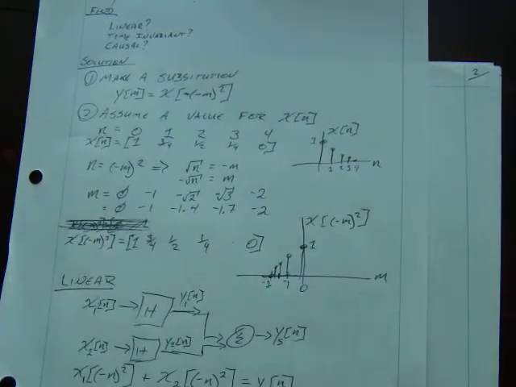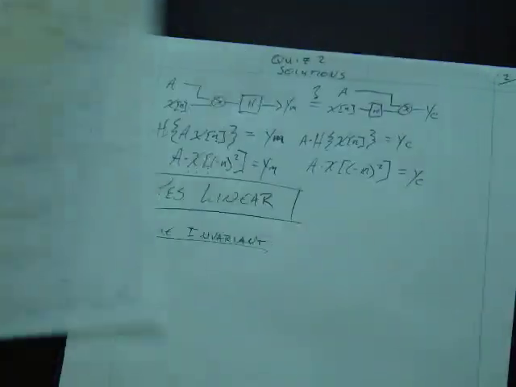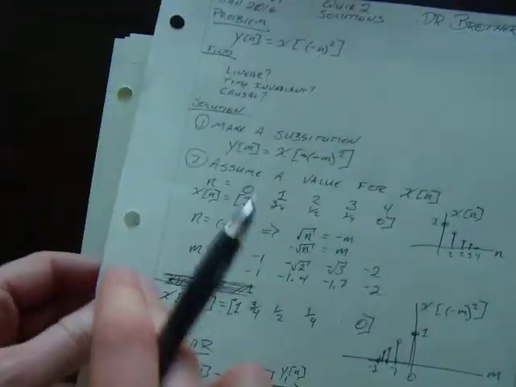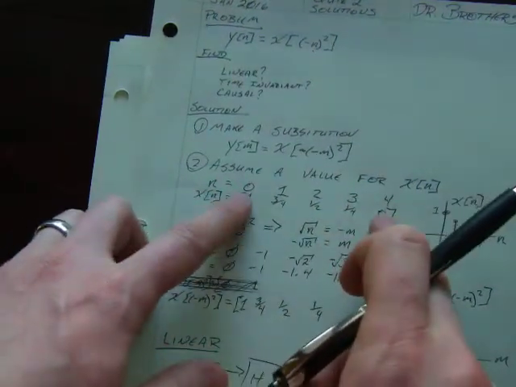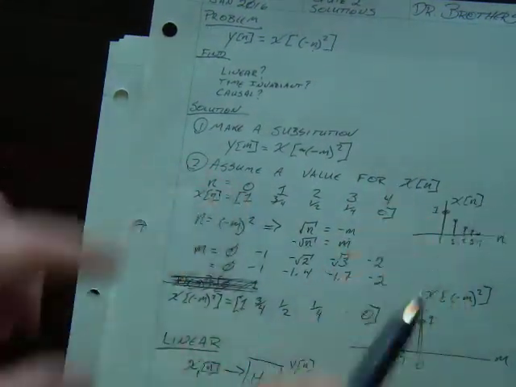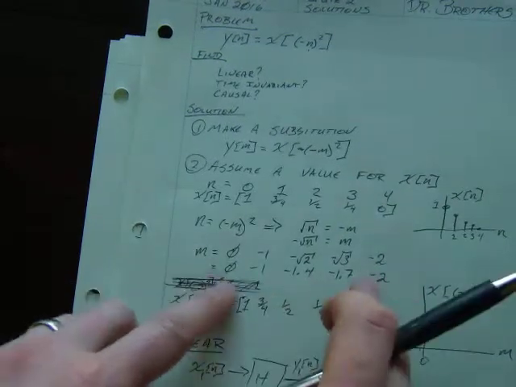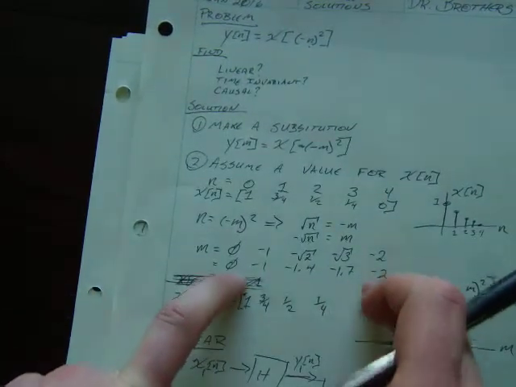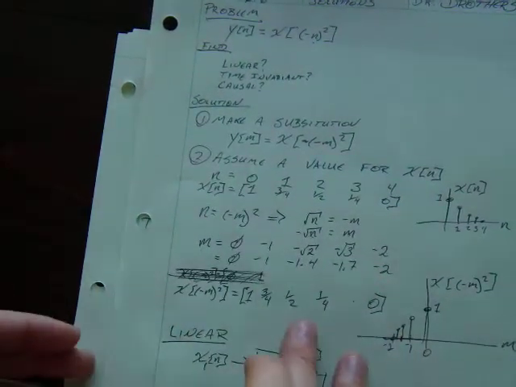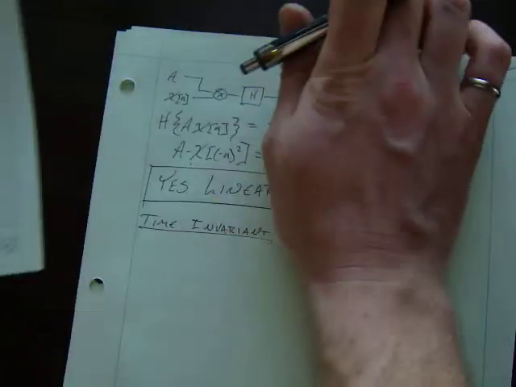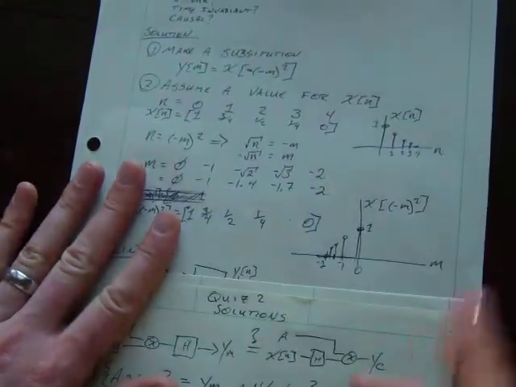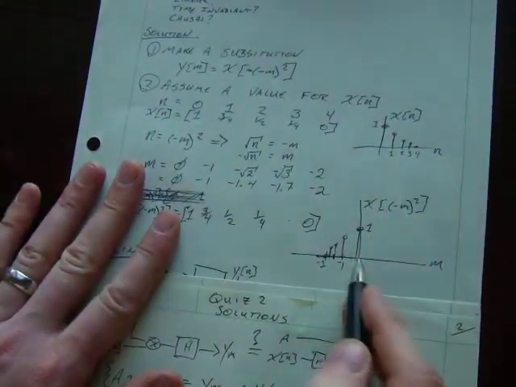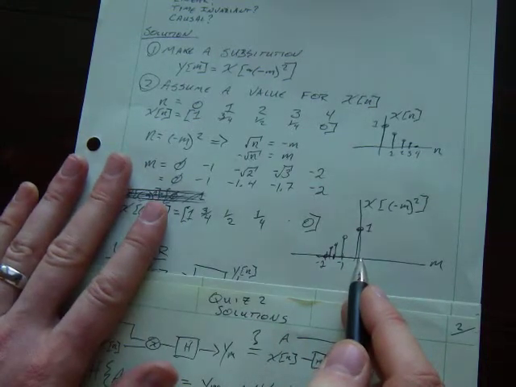So one way that we can mathematically test for this is we can do the same type of substitution with the same values, except we can give an offset in n. And if that output comes out with the same axes, then it's time invariant. We can look at these graphs and see that it is not time invariant.